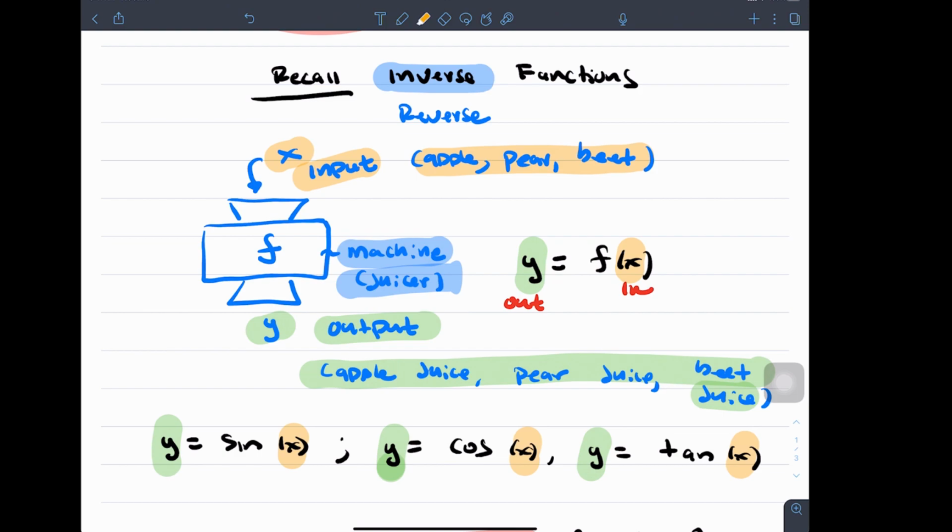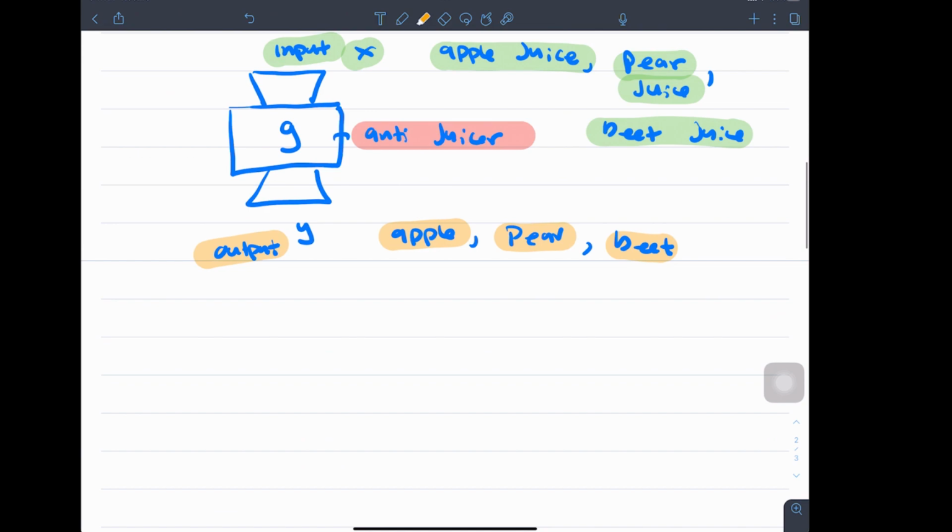Inputs become outputs and outputs become inputs. And I'm going to say to you guys, that's what's going on. Inputs and outputs what? Switch. And there you go. So you're going to now have functions that look like this.